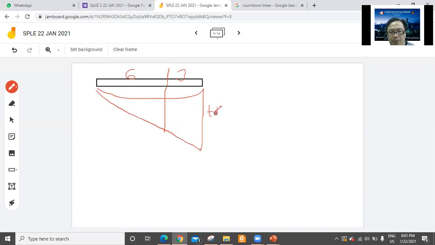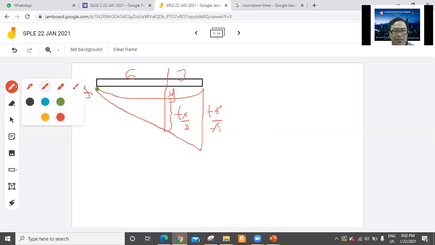Deviation B over A. And here is the deviation X over A, because here is A. And here, this one is your deflection. So we have this triangle, which is similar to this big triangle.